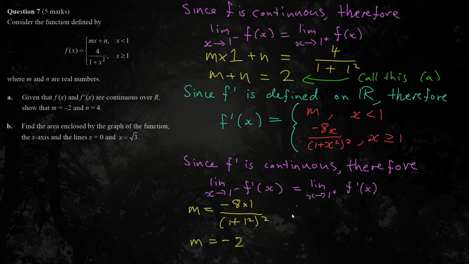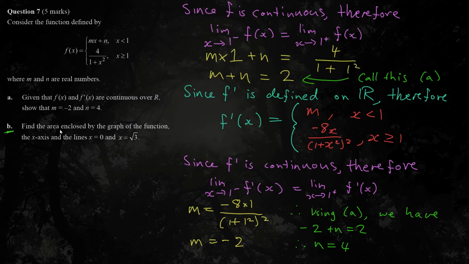So then we can come down here and say, therefore, using a, we have a again, but with m replaced with the value that we just found. So we get negative 2 plus n equals 2, and therefore n equals 4. Once again, we got the exact value that we needed, and so that lets us know that we're done with part A. Okay, so let's go to part B.